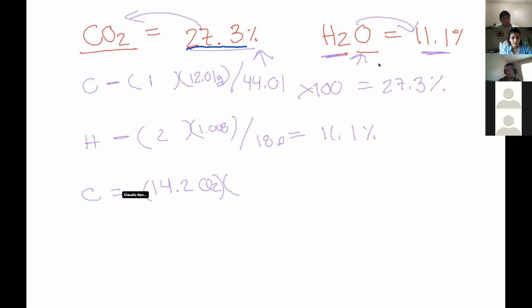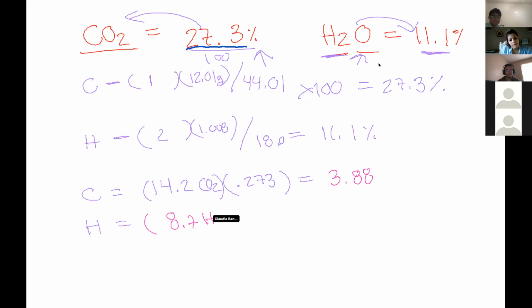So you divide this by 100 to get the percentage, like we did in the past problem. Someone give me what you get for carbon. 3.88. Awesome.